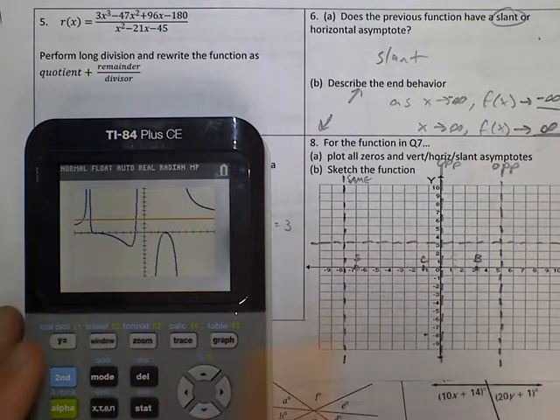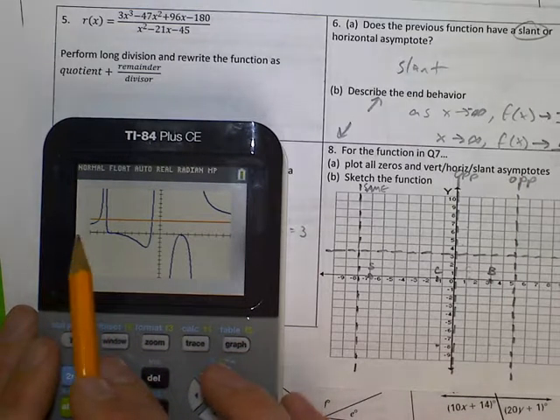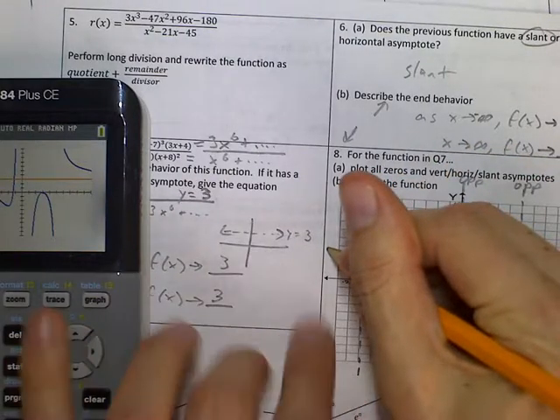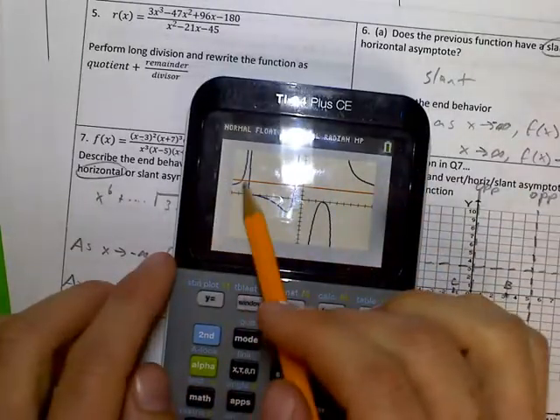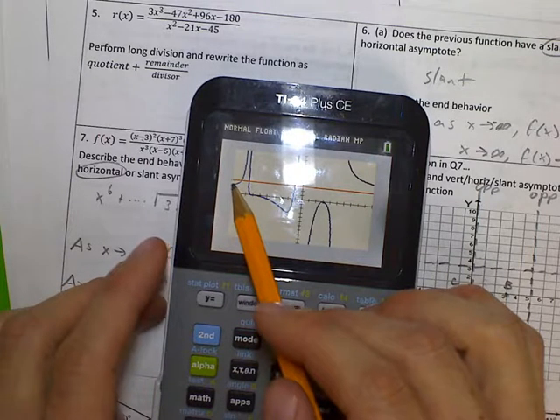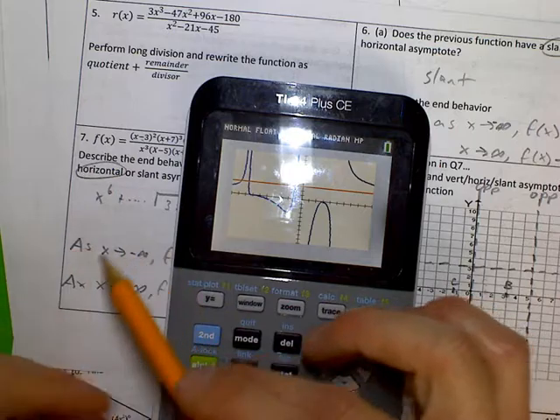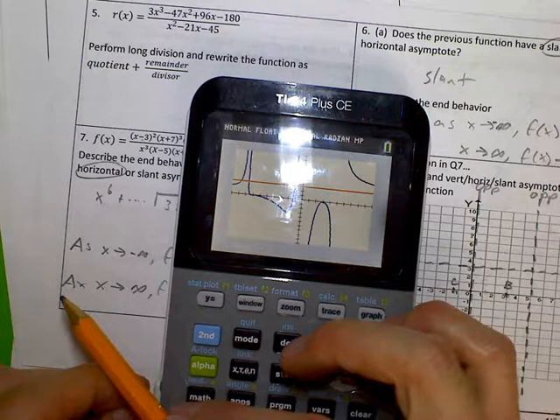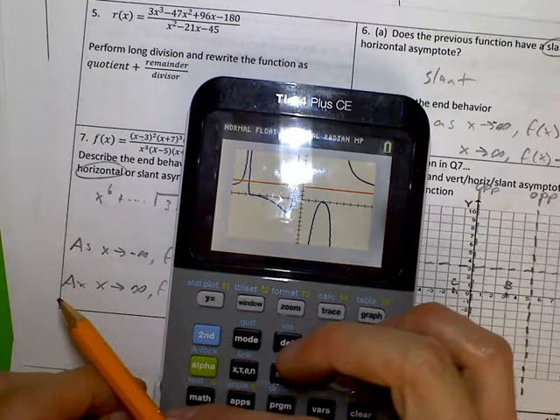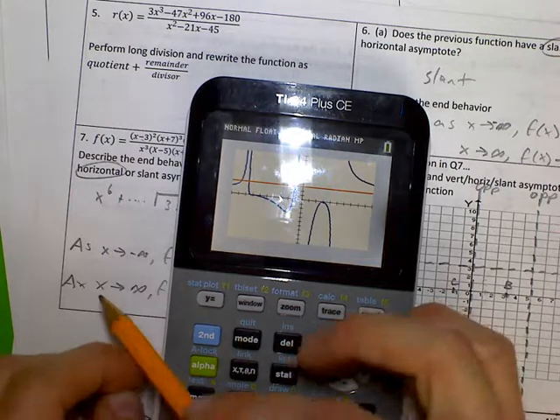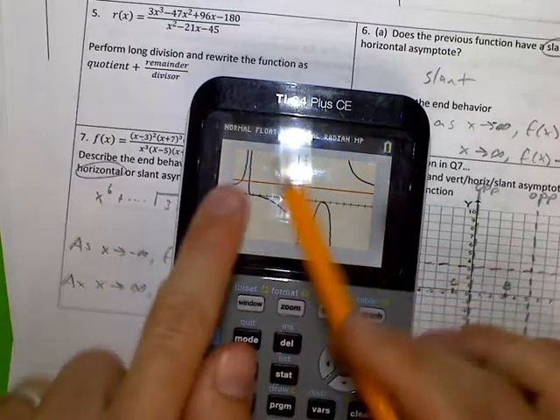All right. So first off, let's just work from left to right. You can see this little piece of the graph out here on the left goes like this. And you might also notice it crosses the horizontal asymptote. So what is it going to do? Is it going to cross it and go down to -infinity off to the far left? Is that possible? What does our graph have to be approaching as it goes off to the far left?